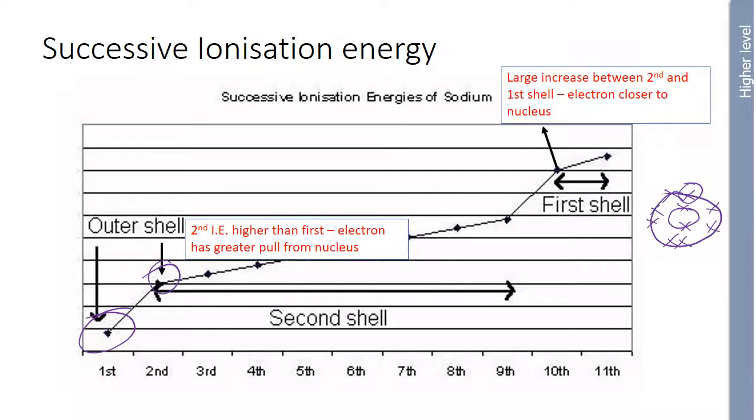Then we can continue getting rid of the 8 electrons of the second shell, and then we remove this one here, which is going to take a massive amount of energy because it's even closer to the nucleus. It's no longer being shielded. The electrons on the second level were being shielded by these 2 electrons of the s suborbital. Now it's no longer shielded, so it takes a larger amount of energy to remove this electron.